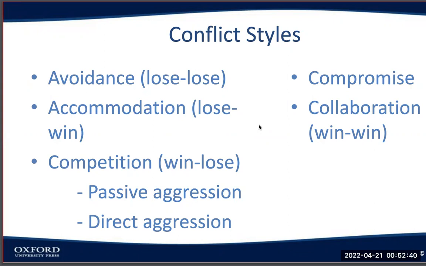The first one is avoidance. Cam and Lee don't discuss the issue again. The prospect of fighting is too unpleasant. So Cam has tried to cut back on watching games with his friends, but he feels cheated and upset.